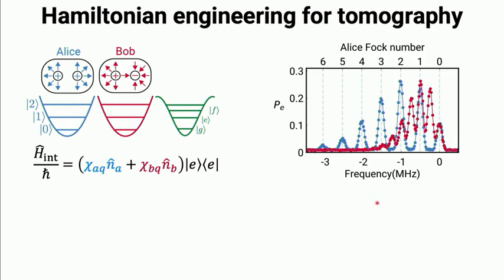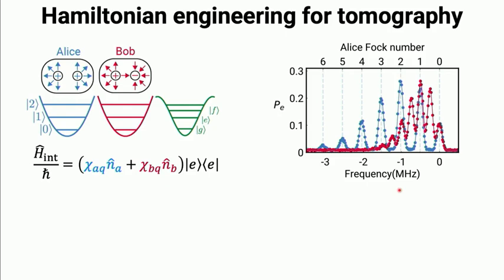So in this configuration, when we try to do tomography, what happens is we gain information, or we gain the which-cavity information, essentially, which will spoil the tomography results. And we need to erase this, and to do that, we turn to the transmon again. So this transmon doesn't only have just two states, it has higher states as well.